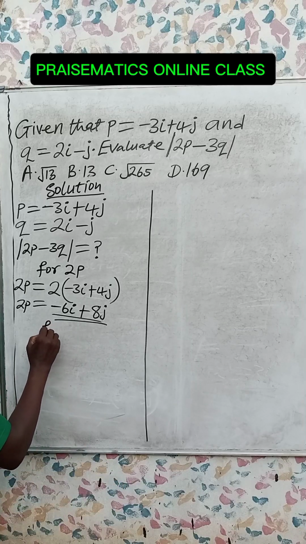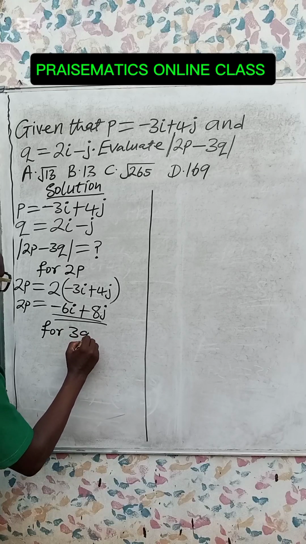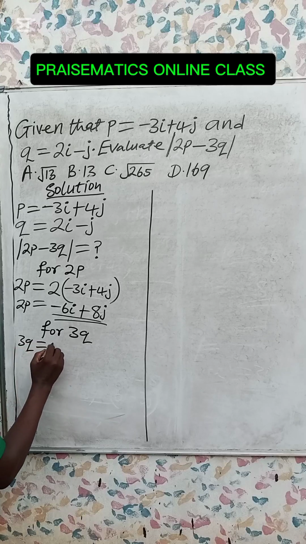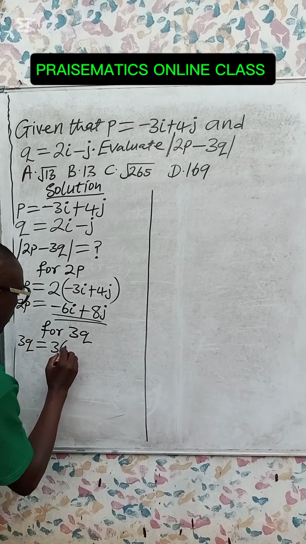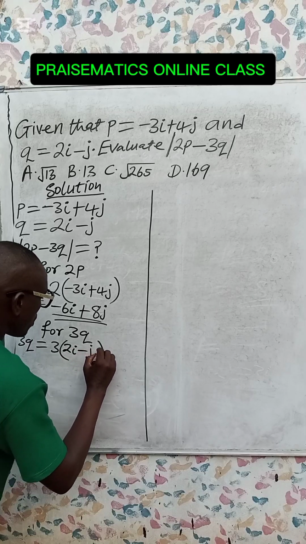Okay, we need to look for the value of 3Q. Now 3Q equals 3 multiplied by everything called Q, and Q is given as 2i minus j.